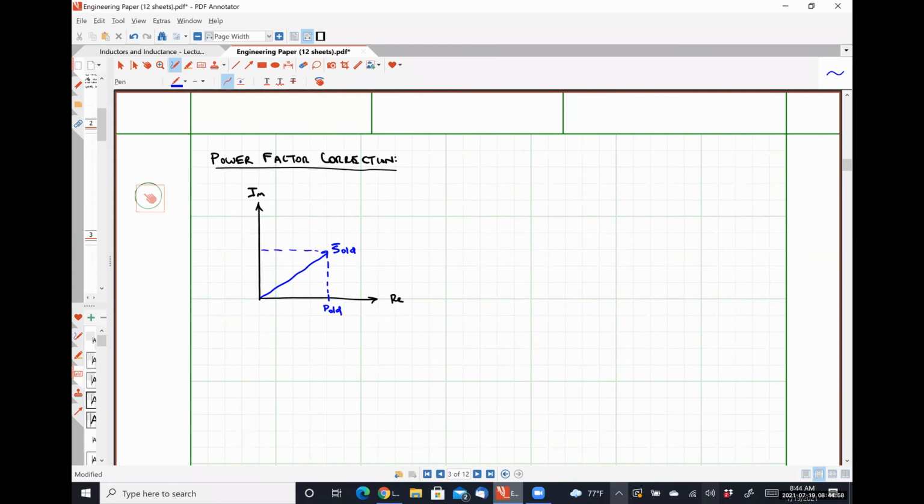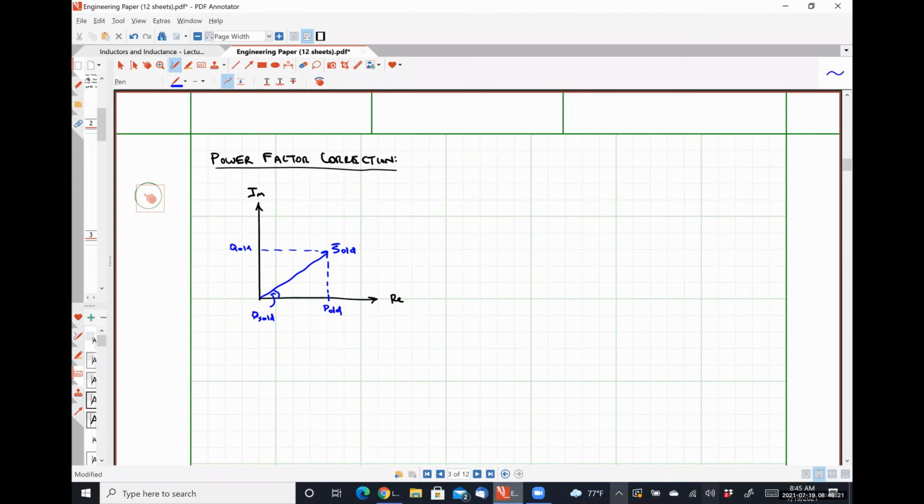The projection of S old onto the imaginary axis is Q old. And we have some angle here, which I'm going to call theta S old. All right.